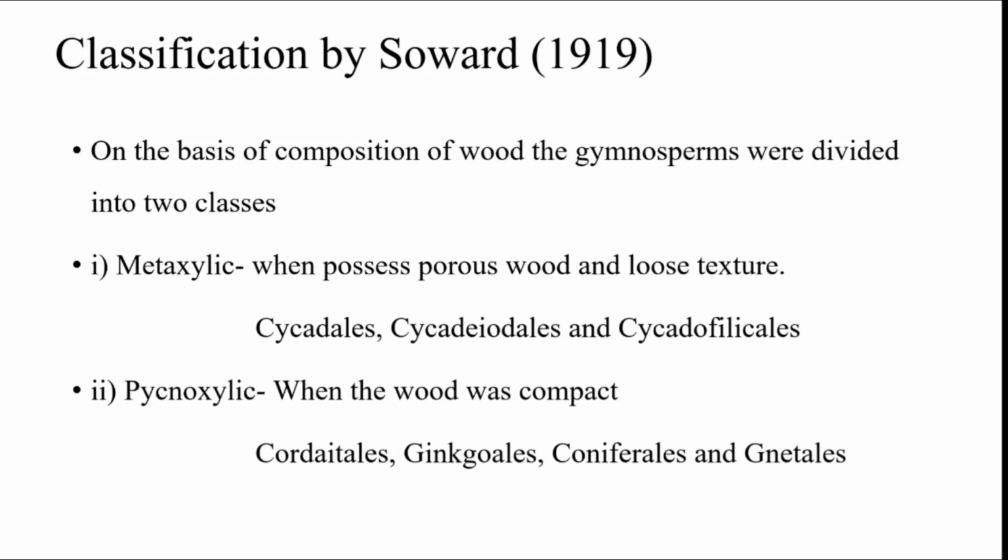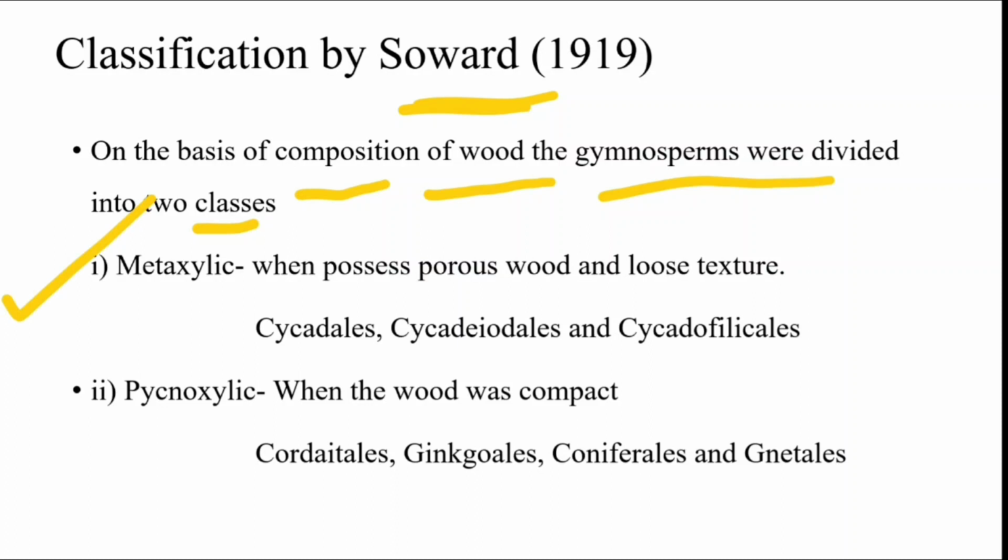Then the classification system by Seward in 1919: on the basis of the composition of wood, he classified the gymnosperms, and according to him the whole group was divided into 2 classes. One is manoxylic, the second one is pycnoxylic.